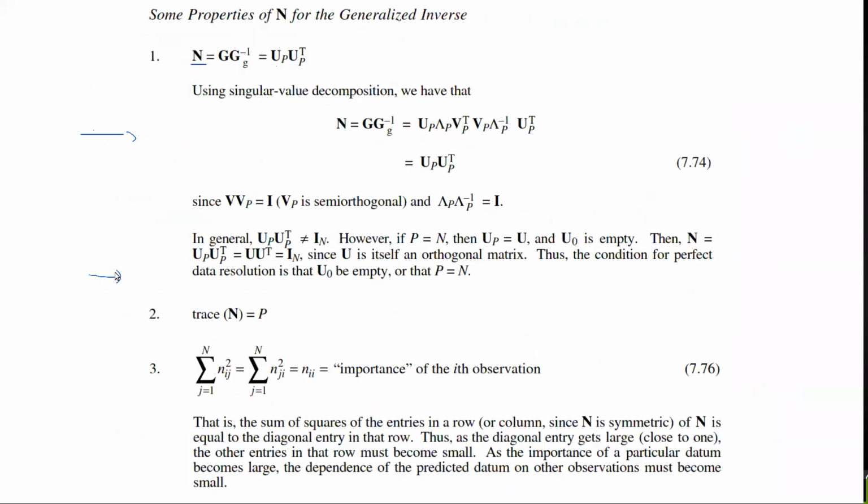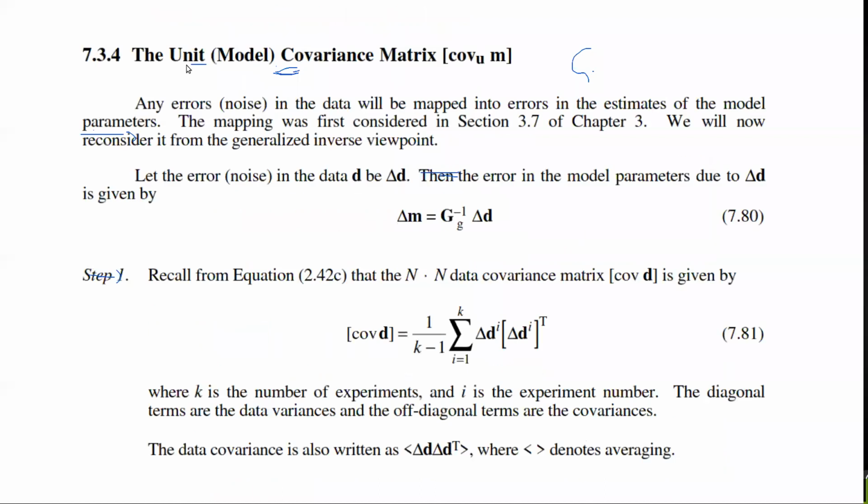So then the data resolution matrix, which is G inverse, is then given by just the data resolution matrix times its transpose, okay? And these are some analysis, also some other importance. But then this is how you compute. Once you find the SVD of G, it's straightforward to find N and R, okay?